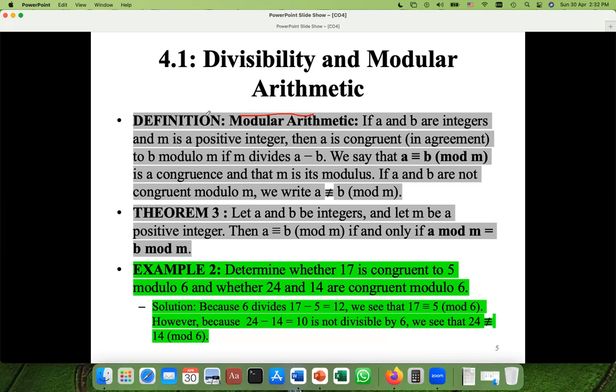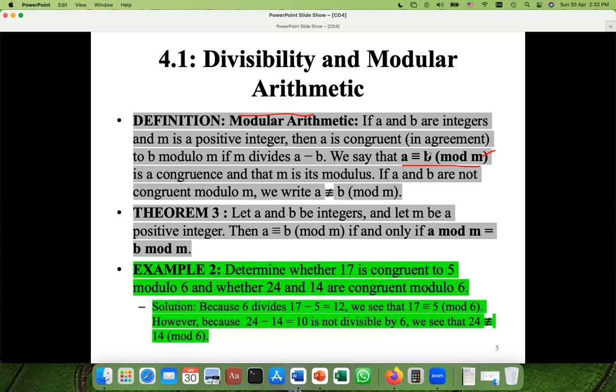And the equation for this definition is something like that. In this equation, A and B are integers, normal integers, positive, negative, whatever. And M is a positive integer, not negative. Then we can say that A is congruent to B modulo M. Normally, congruent means something which is in agreement.